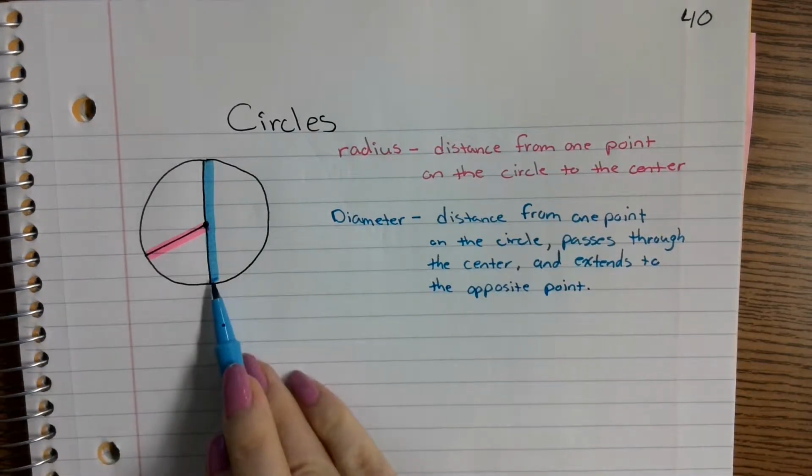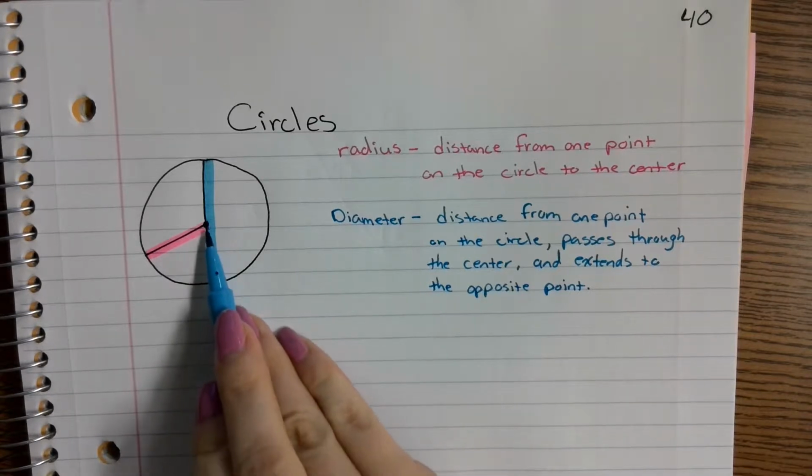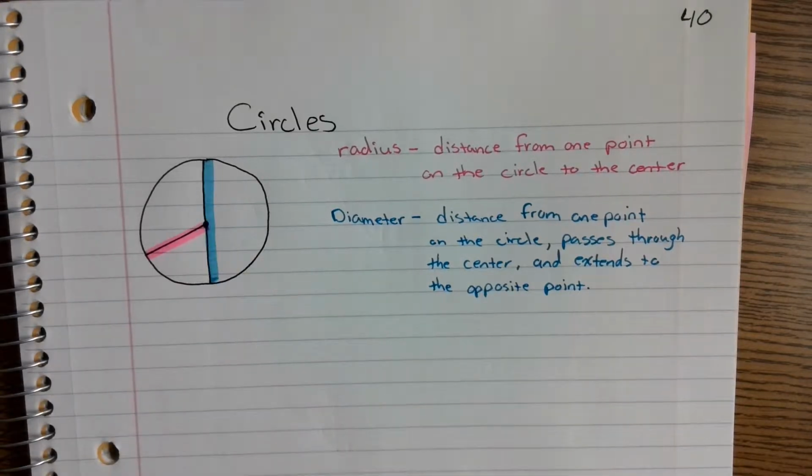So we start at a point on the circle, go to the center, and continue extending until we get to the opposite point. That would be the diameter.